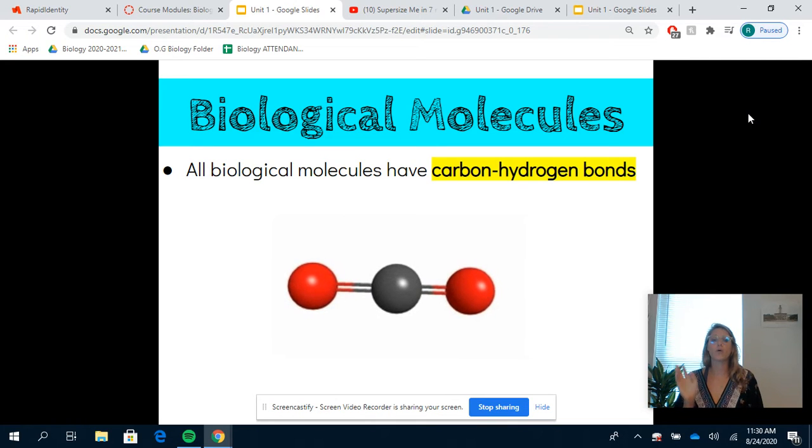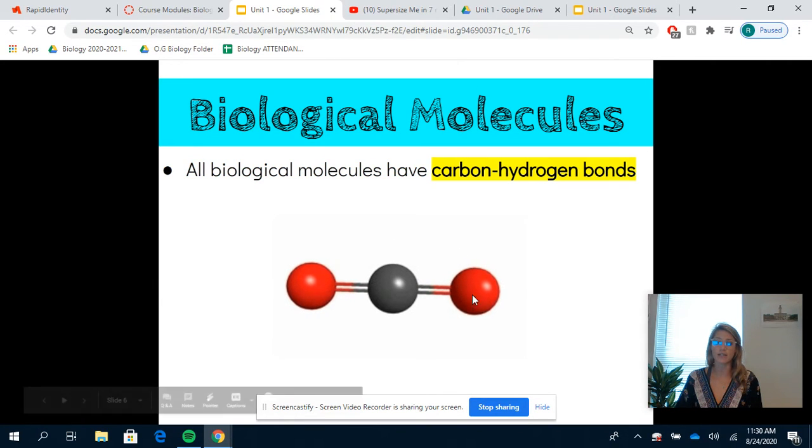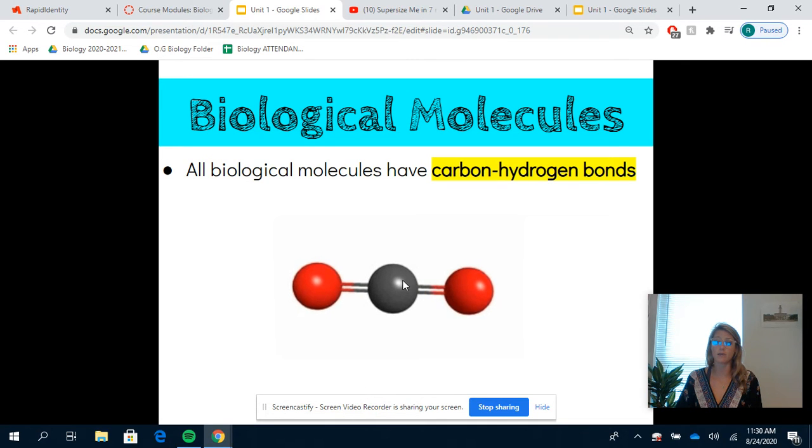All right, so in order for it to be a biological molecule, the biological molecule has to have something called a carbon-hydrogen bond. This means that the biological molecule has a carbon atom and a hydrogen atom that are connected to each other. So if you guys are looking at this picture down here, this gray circle is going to represent a carbon atom.